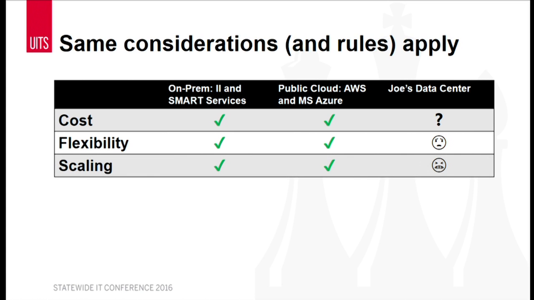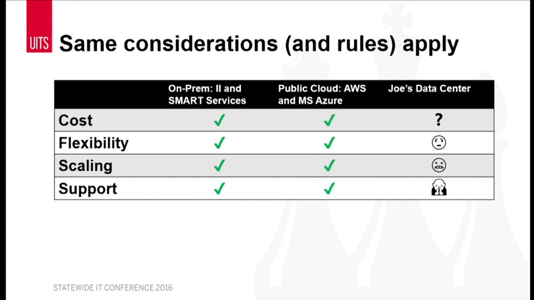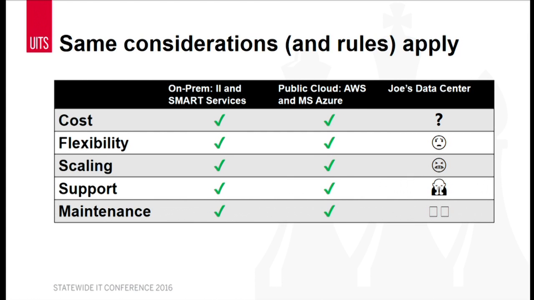Scaling, definitely you can scale, auto-scale, those sorts of things in these options. Again, Joe's Data Center, your mileage may vary. Click, support. Oh, and maintenance, and there are 2 praying hands on the maintenance there for Joe's Data Center, so the image is just not with me today.